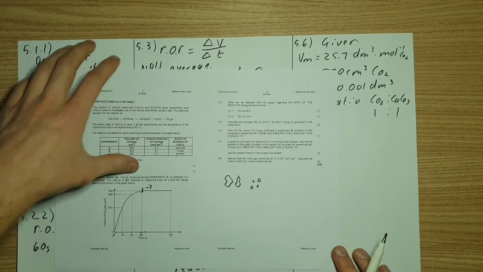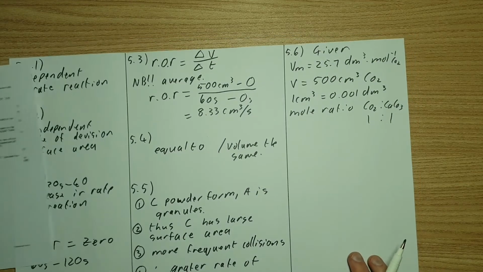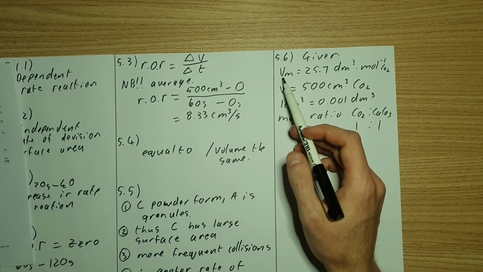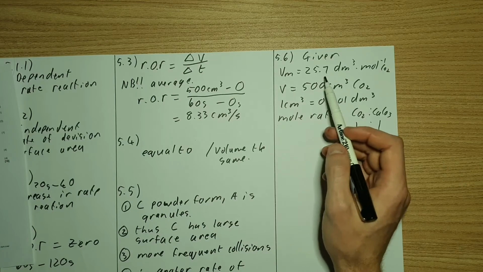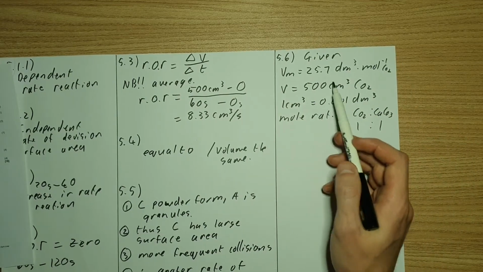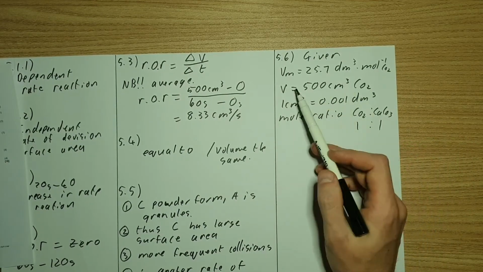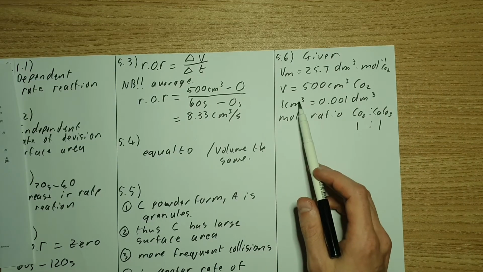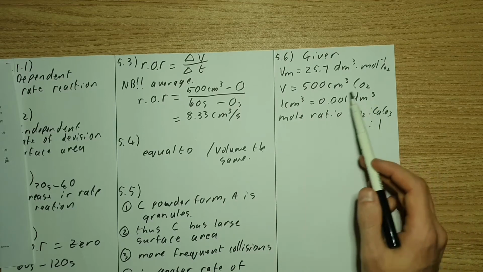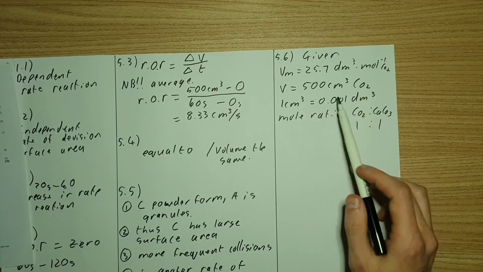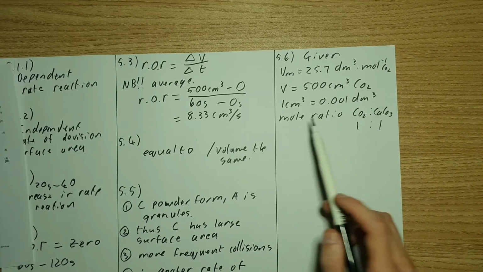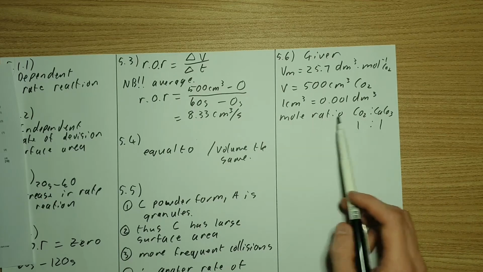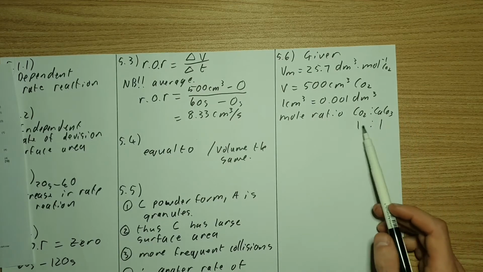Everything that's given to us: we've been given the mole gas volume, that's over there. We've got 500 centimeters cubed that we got from the graph of CO2. We know the conversion factor from centimeters cubed to decimeters cubed is given over here. And we know the mole ratio of CO2 to CaCO3 is 1:1.